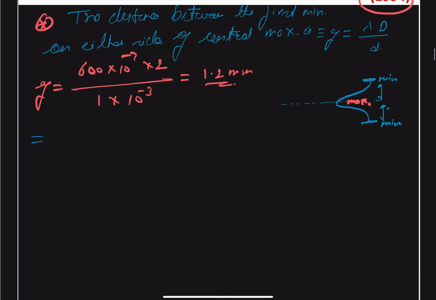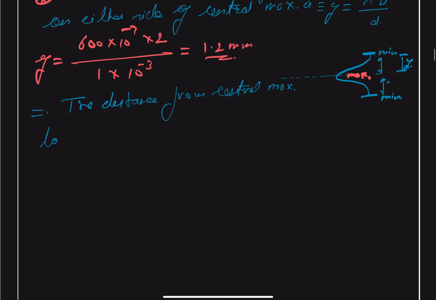So this is our y, which we just found out. So we can say the distance from central maxima to first minima is 1.2 millimeter on one side.